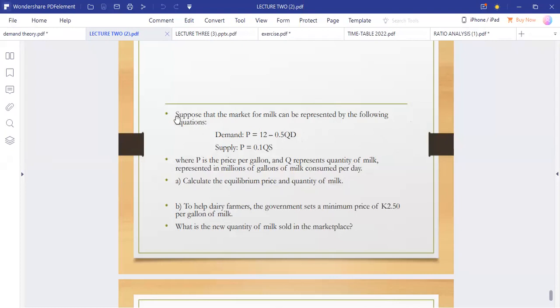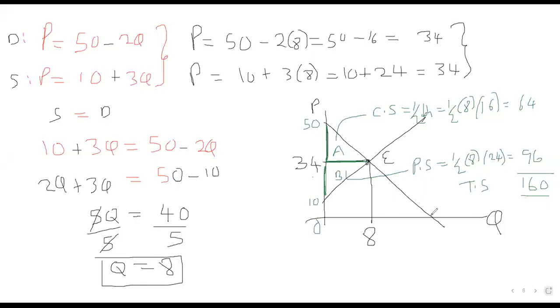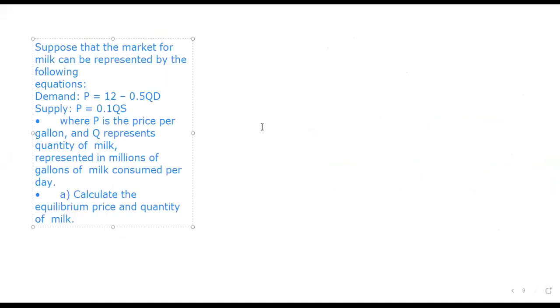Let's just do part 1 together. Can we try this together? Please let's participate. Those that haven't spoken so much, I want you to be in line with what we are talking about. Suppose the market is presented by the following demand and supply.